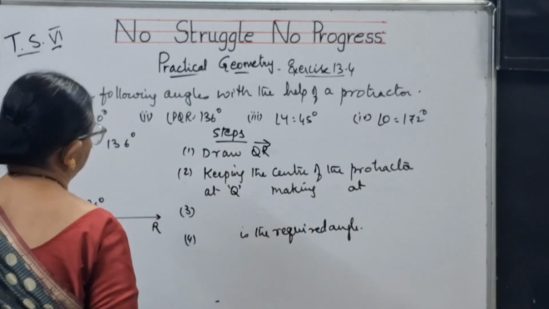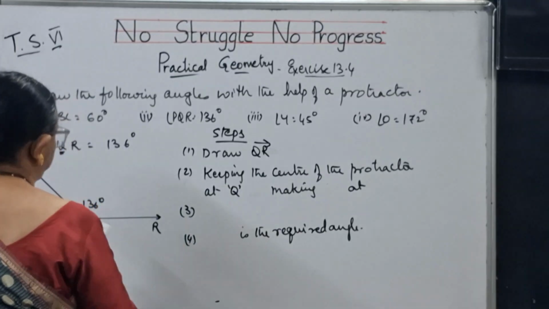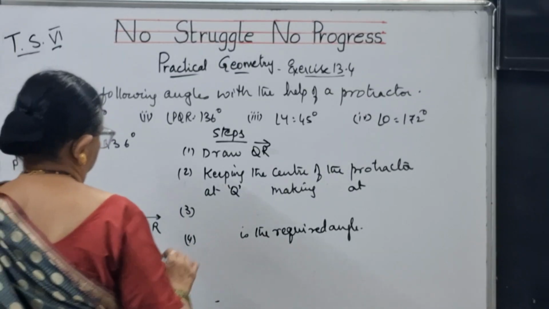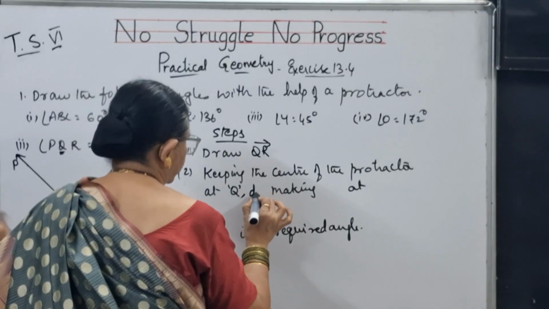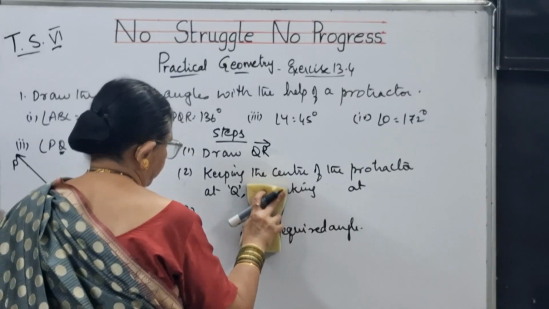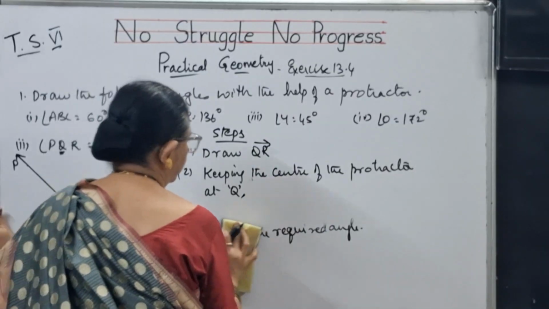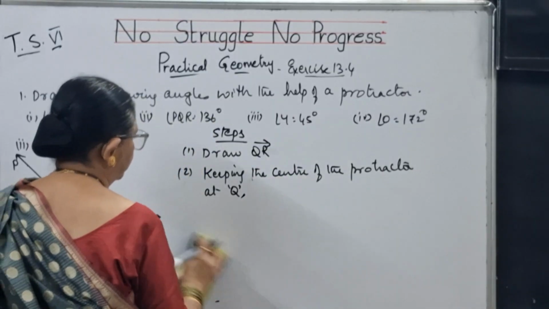And what else I have done? Keeping the center of the protractor at Q, draw QP ray making 136 degrees at Q. I'll write the steps again, otherwise.